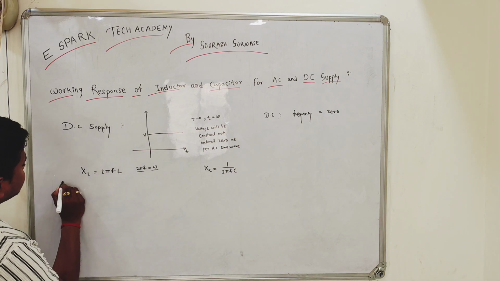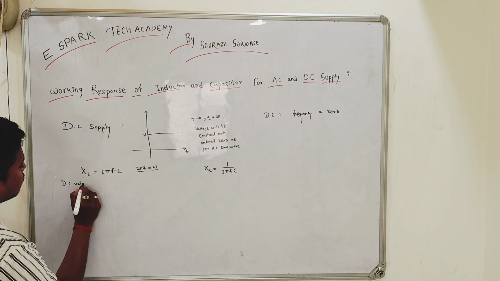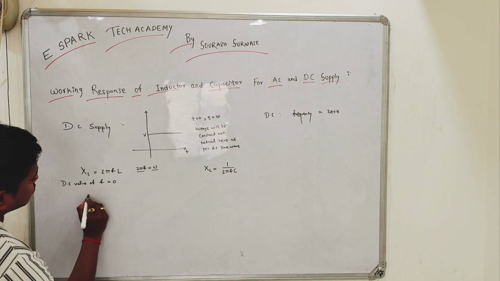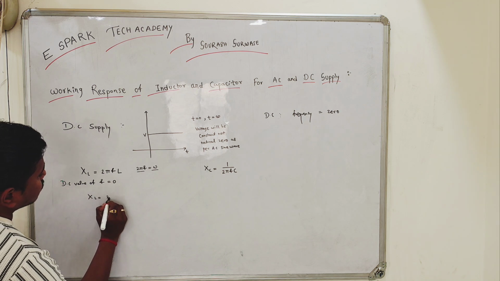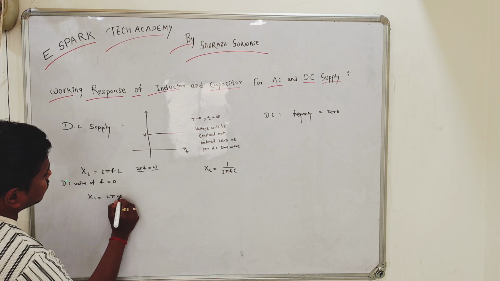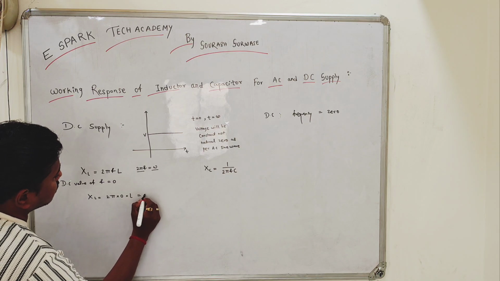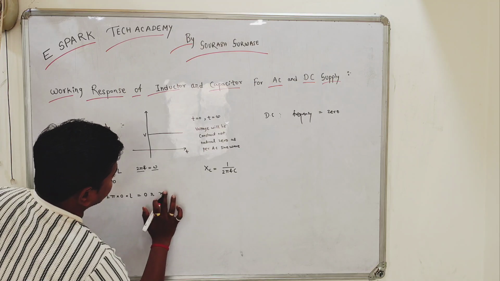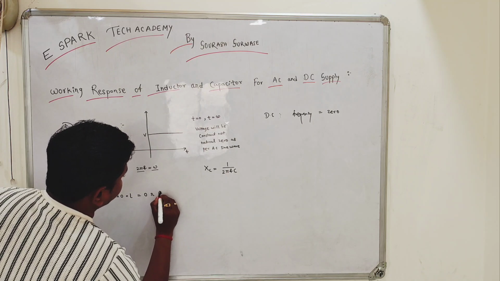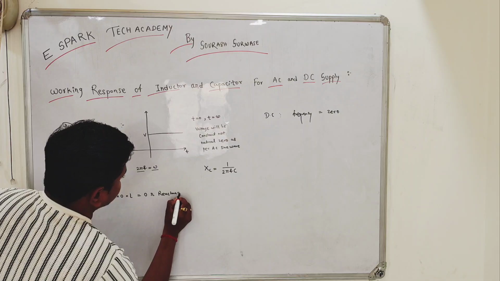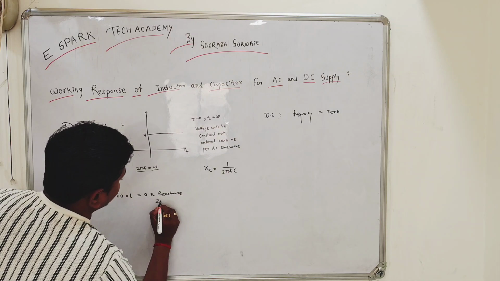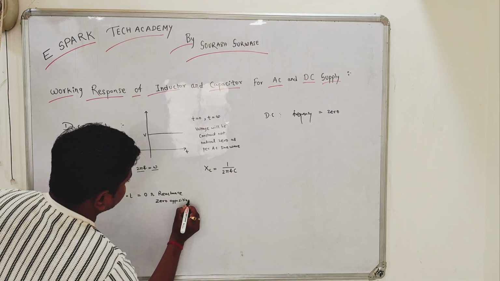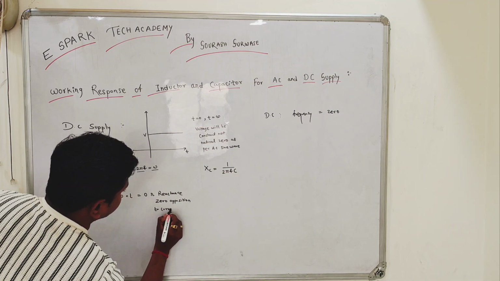Now, in DC, value of F will be 0. That's why XL is equal to 2 pi into 0 into L. It is nothing but 0 ohm resistance, or you can say 0 ohm reactance, means 0 opposition to current.